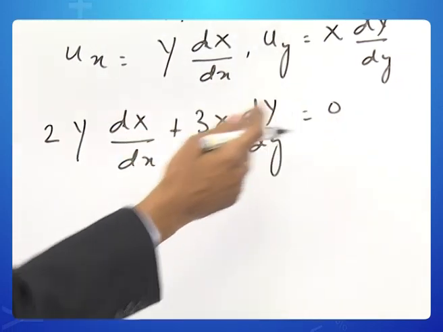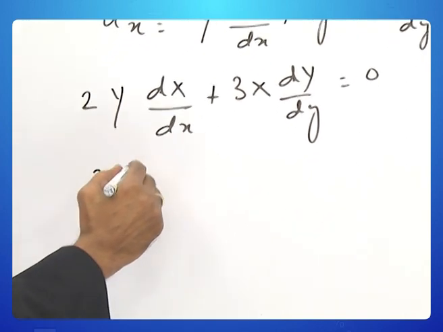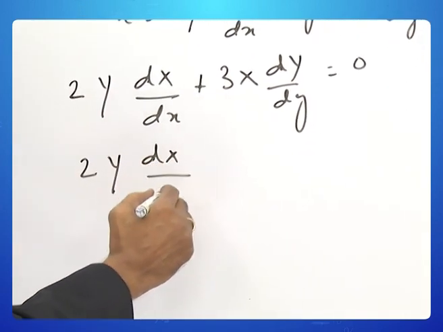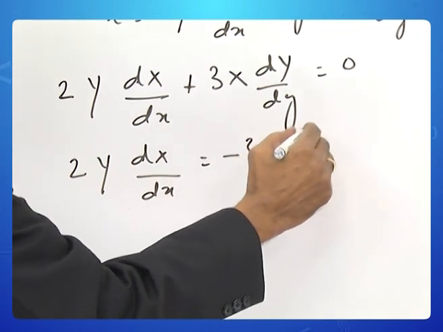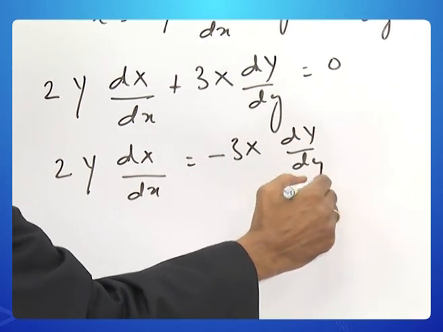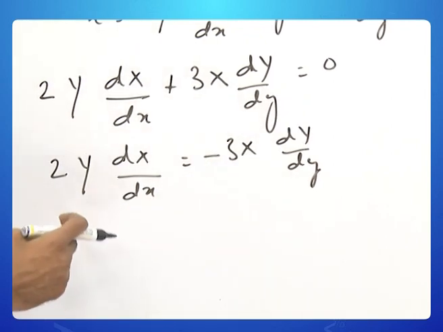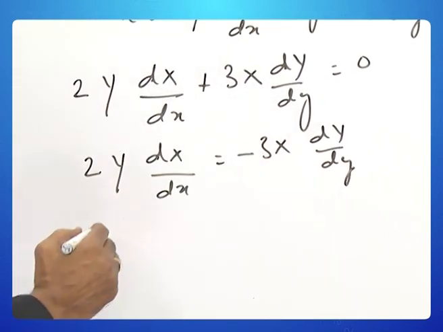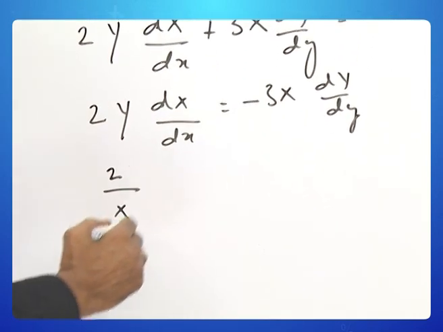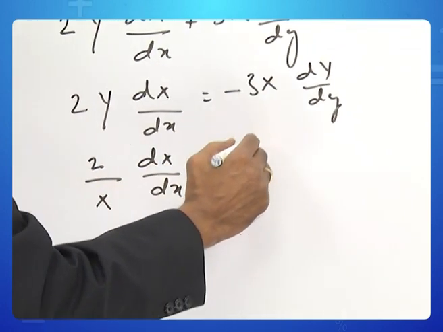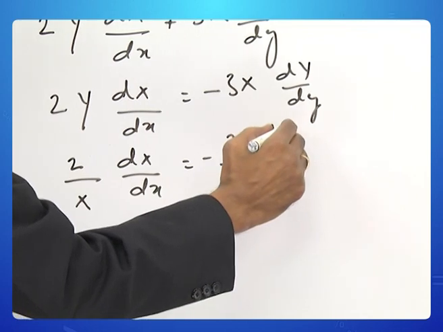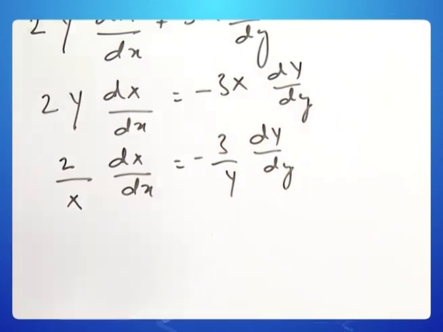We can transfer one of the terms to the right hand side. 2 capital Y dX/dx is equal to minus 3 capital X dY/dy. So get the capital X this side, capital Y that side. We will have 2 by capital X dX/dx is equal to minus 3 by capital Y dY/dy.